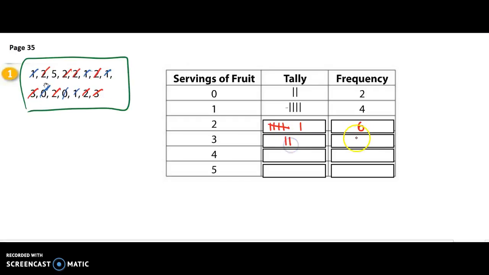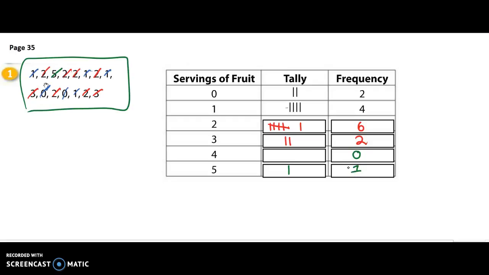So 2 tallies and the number 2 for the actual frequency. See how many 4s we have. I'm looking. I don't see any at all. So I'm not going to put any tallies, no markings in my tally column, but put a big old 0 in the frequencies section. And then for the 5s, I see just 1. So 1 tally mark in the tally column and the number 1 in the frequency chart.